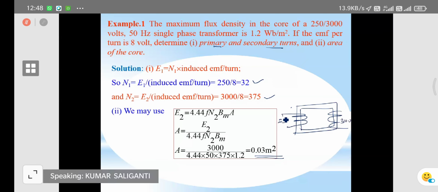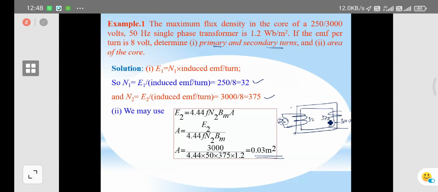So E1 is also the same here, but the number of turns on this side is 32, and here 375. You have to take the cross sectional area here only. The cross sectional area will be 0.03 meters square.